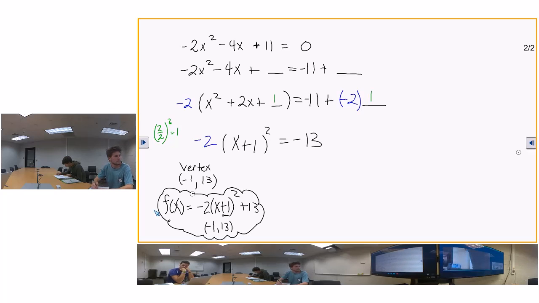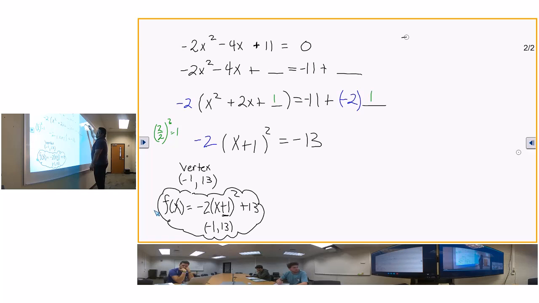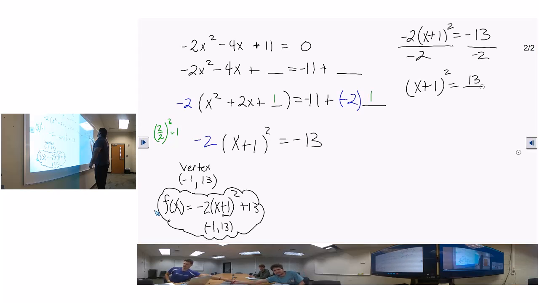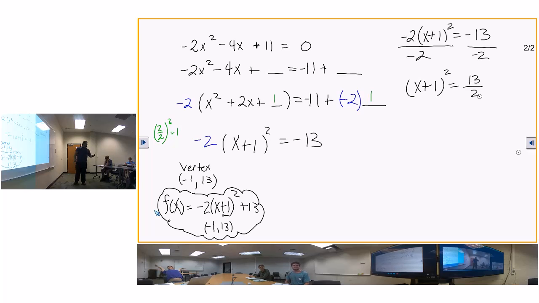If you do it by the intercept method, go over here. -2 times (x plus 1) quantity squared is equal to -13. Divide by -2, and that gives you (x plus 1) quantity squared is equal to positive 13 halves. So what you thought was no x-intercepts, you now have x-intercepts. It's not that bad because all you're going to do is change 1 to 2 halves and bring it over.